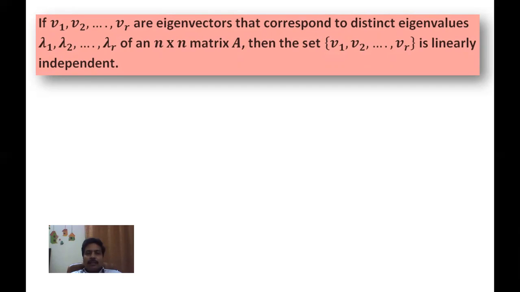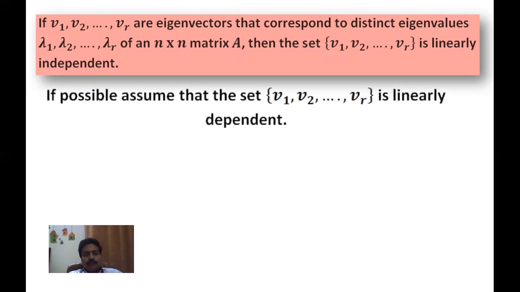So eigenvectors corresponding to distinct eigenvalues are linearly independent. Here the word distinct is crucial. That is what we have to prove.